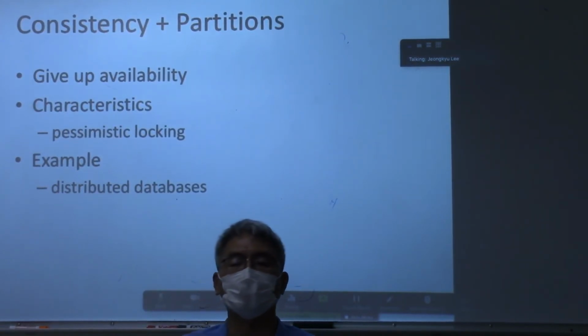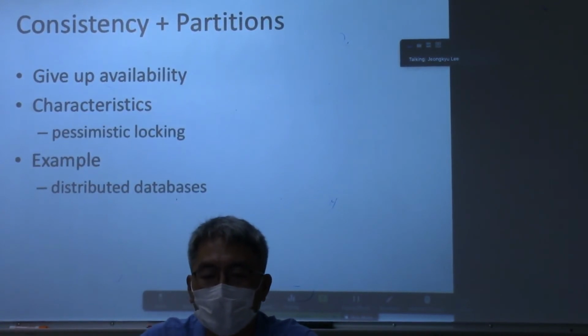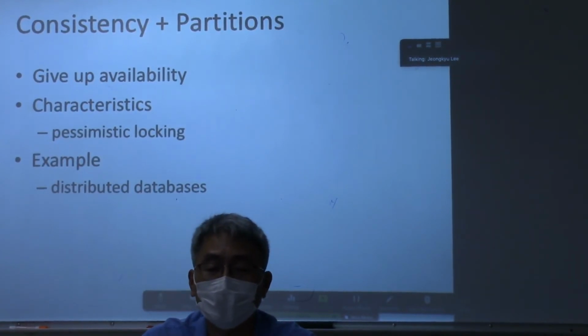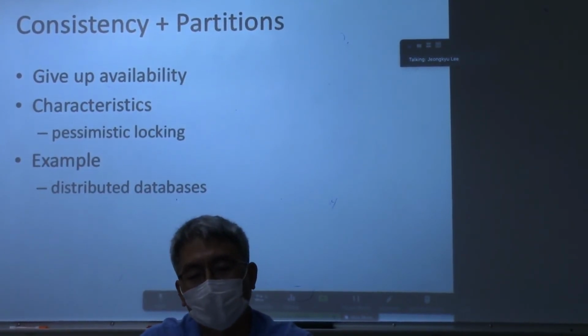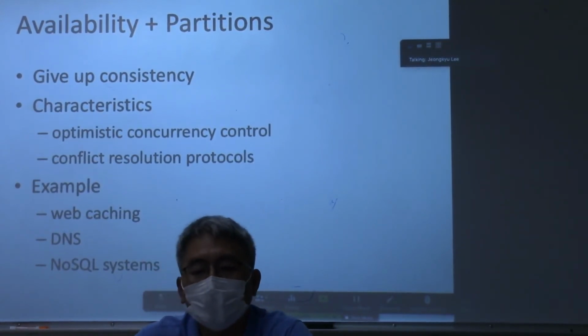So distributed database systems use such consistency and partition. However, because of this characteristic, distributed database systems have not been used a lot in the market because they give up the availability.